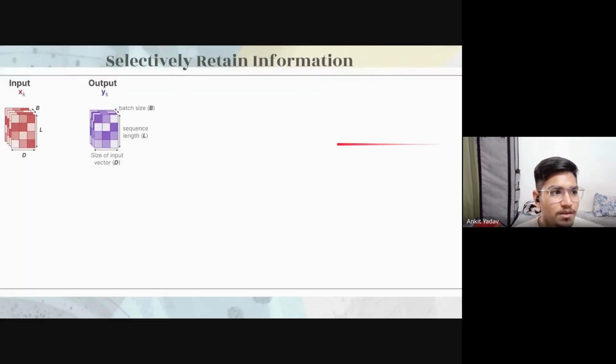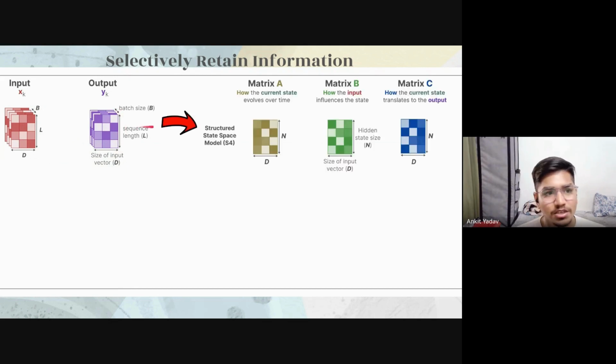So till now, this was the input and this is the output we have. Input is just the embedding dimension, we have the sequence, and this is the batch. This is how input usually goes. The dimension of these matrices A, B, and C is the dimension of a vector and the hidden state size.